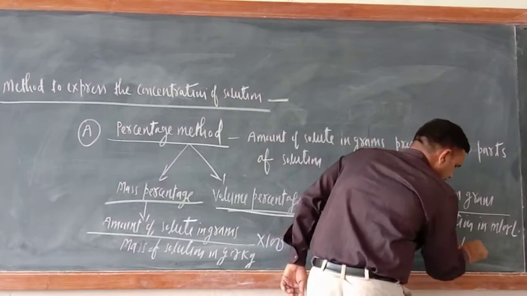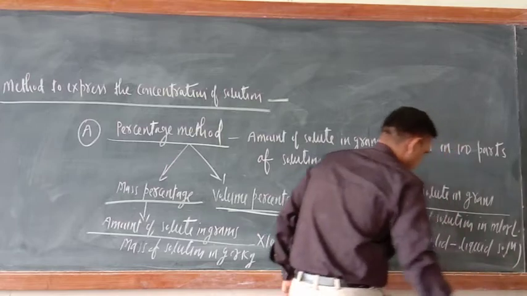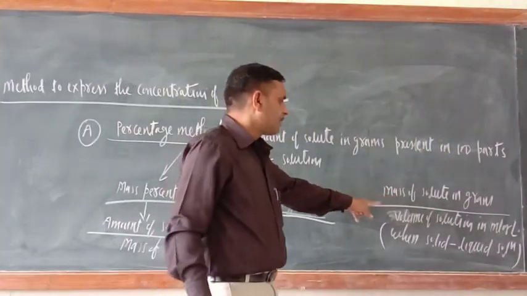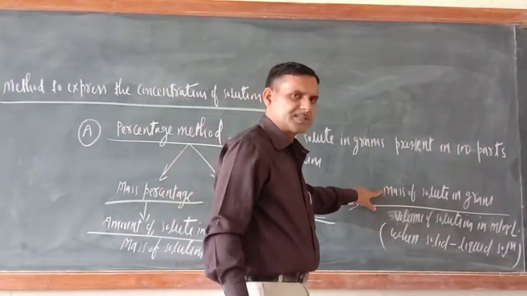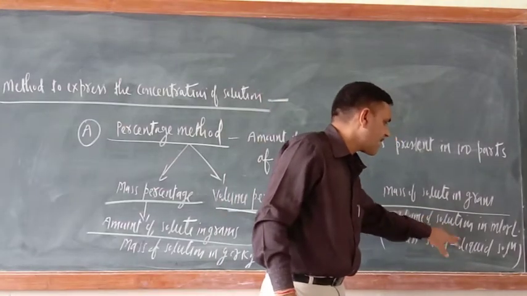So this is the correct formula when a solid liquid solution is there. This formula is valid when a solid liquid solution is there, meaning the solute is solid and the solvent is liquid.